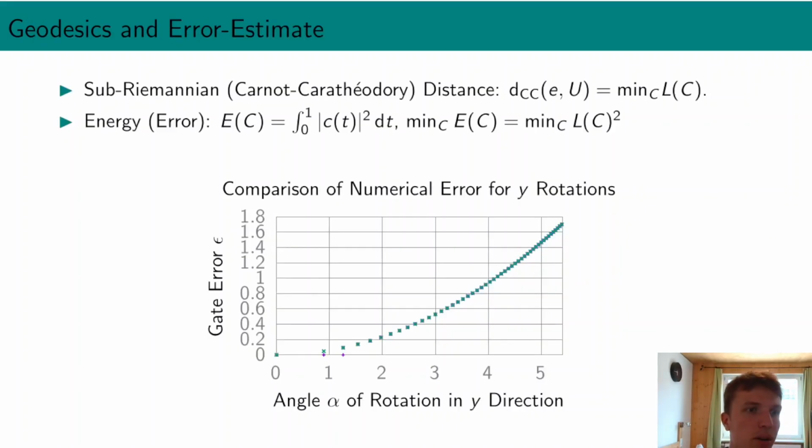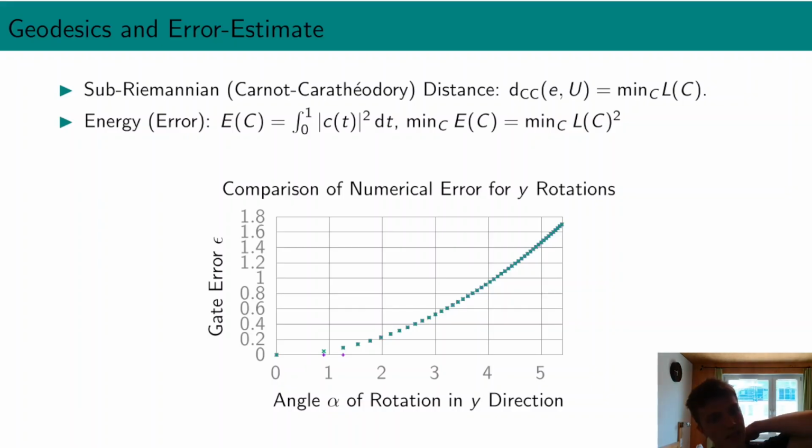And now we call the sub-Riemannian distance of the identity to that unitary the minimum of all lengths of connecting curves. And analogously, we can also minimize the energy, and this is equal to the minimal length squared.